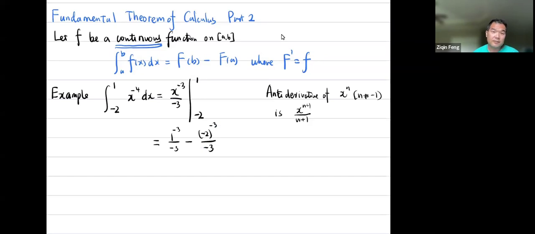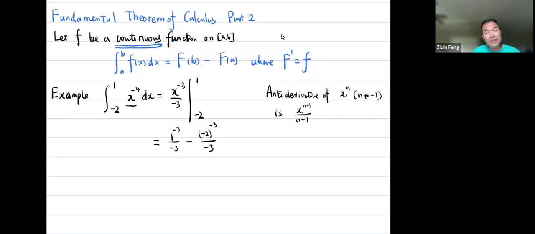This is not right. Why is it incorrect? Because this will give you a negative number. This function here is always non-negative, since to the power 4 is always non-negative. But this number will give you a negative number. Why is it wrong?